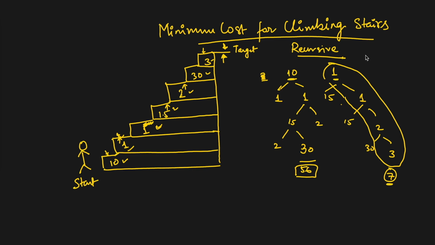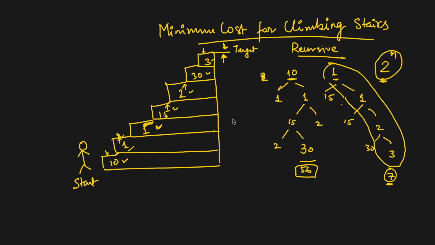So here the time complexity is pretty high because, as I said, at each step we have two options, and so the complexity would be 2 power n, right? So the complexity is pretty high.